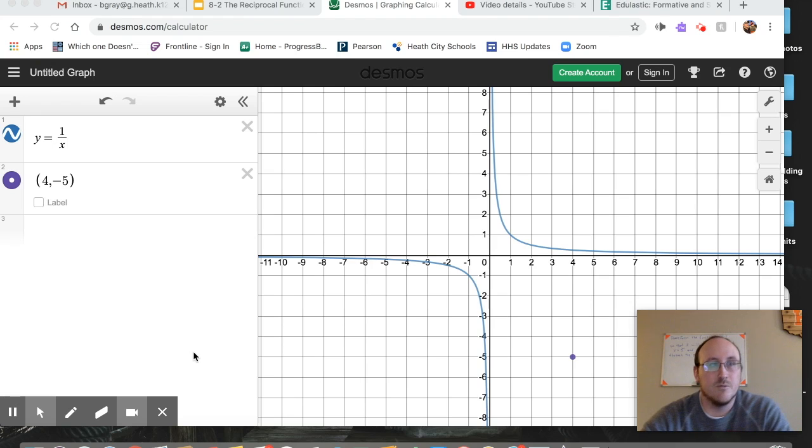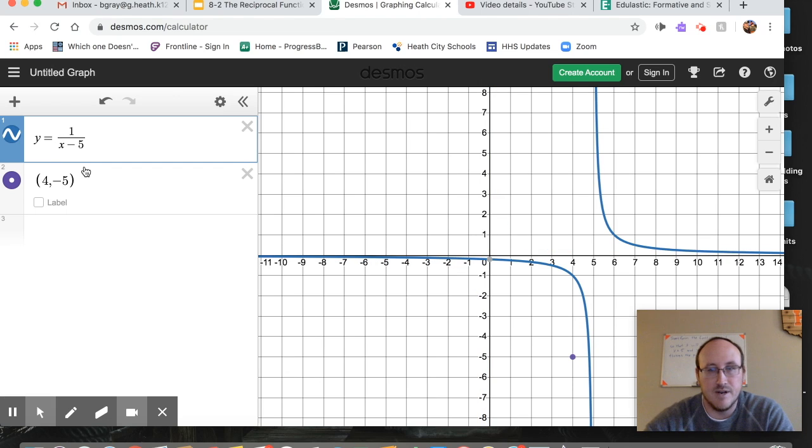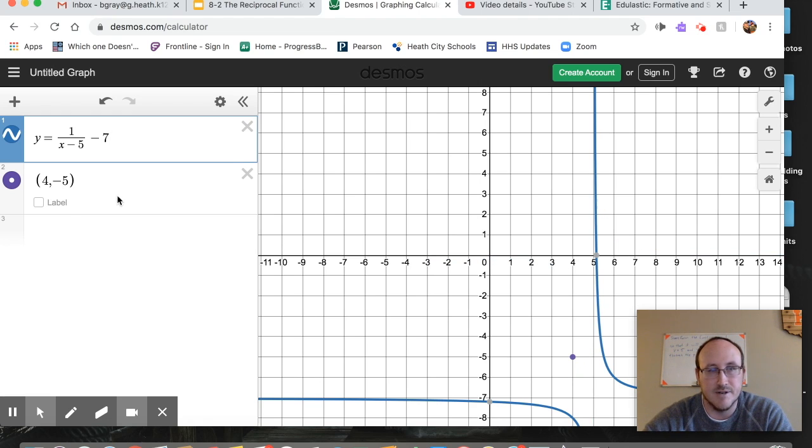We have our function y equals 1 over x graphed, our parent function for our reciprocal family. We need to transform it in such a way so that it will have a vertical asymptote of x equals 5. That means we need to move it 5 units to the right. To move it 5 units to the right, we need a minus 5 in our denominator, and we need to have the horizontal asymptote of -7, so we need to transform it 7 units down, so we need a minus 7 here at the end.